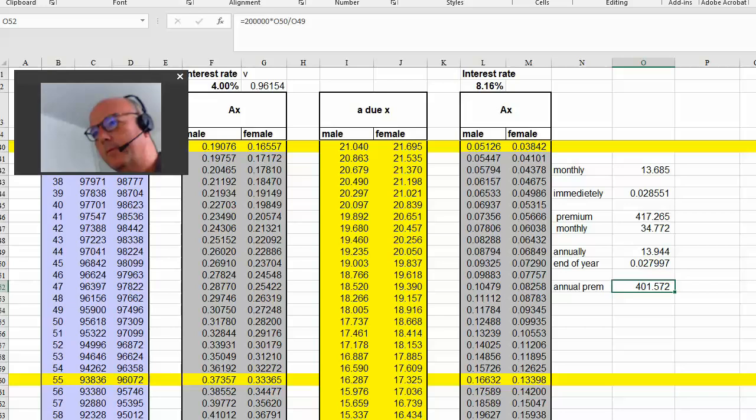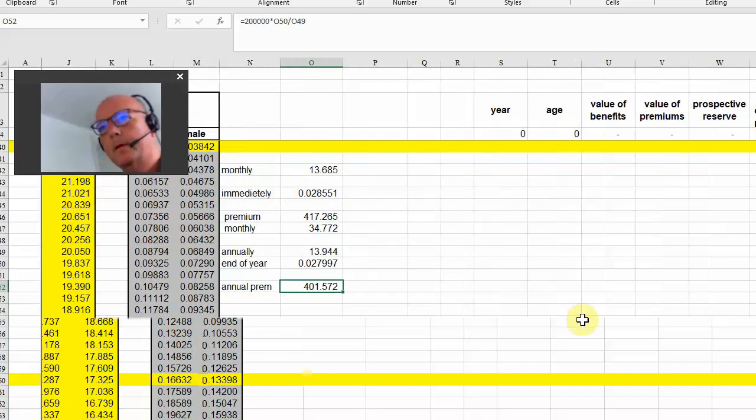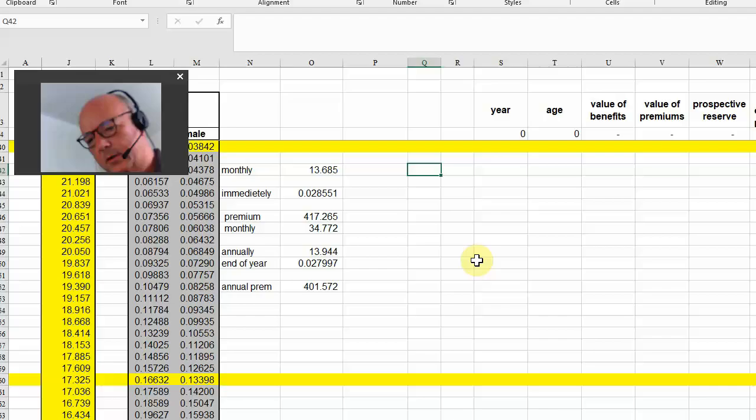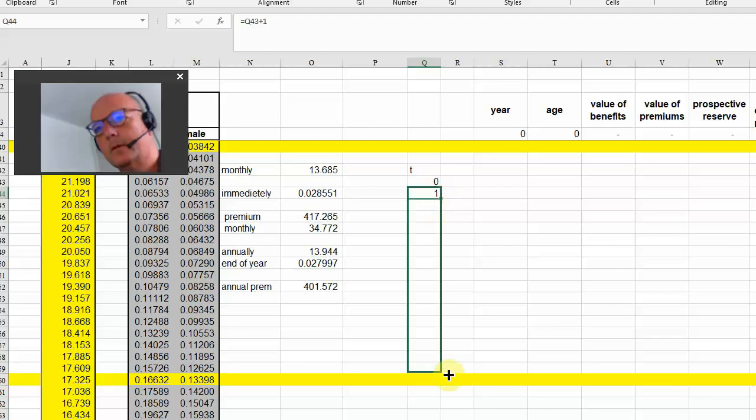But mainly for our purposes here, it actually makes it easier to do the calculation and show you what's actually happening. Okay, so we've got t for time, 0 equals that plus 1. And we'll just go down that 20 years.